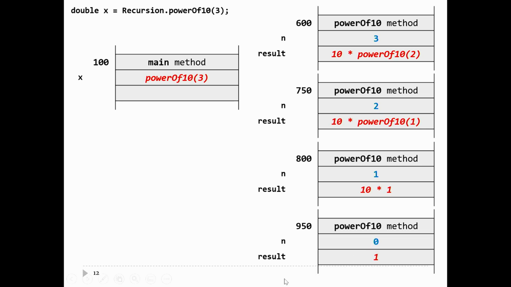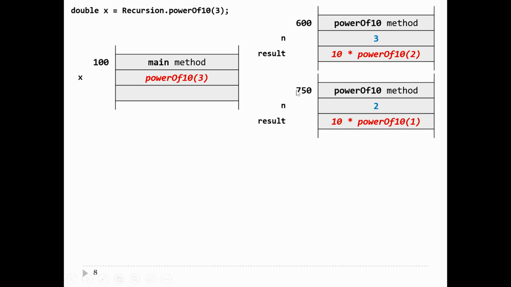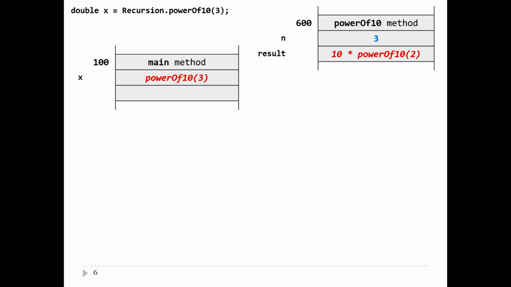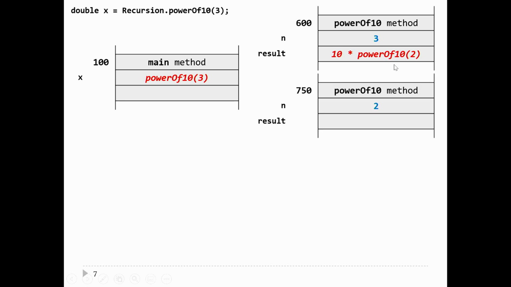This is an upside down stack that I'm drawing. Every time you call the method, a version of that method gets pushed onto what's called the call stack. So let me back up. When I call it the first time, that's the top of the call stack. When it calls itself, that becomes the top of the call stack.